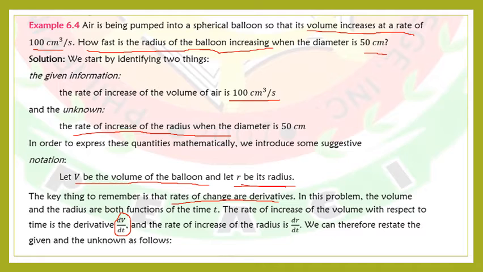And then the rate of increase of the radius naman with time t is dr over dt. Okay, we can therefore restate the given and the unknown as follows. Tandaan niyo yung binigay natin na notation.